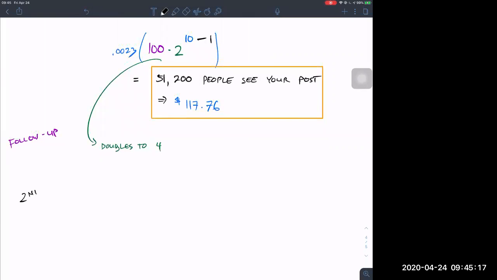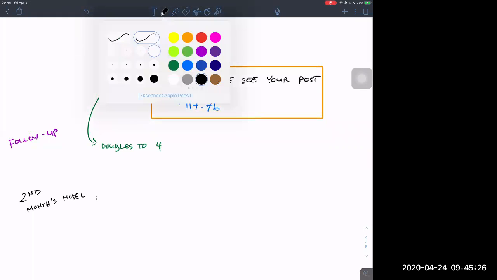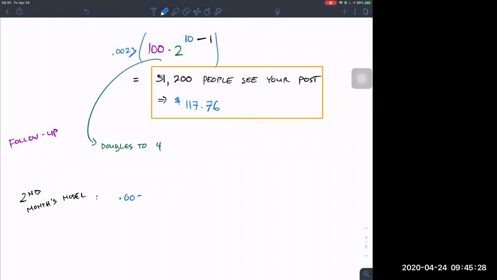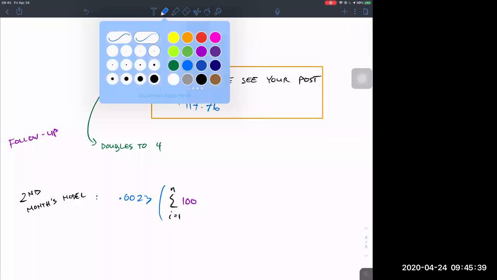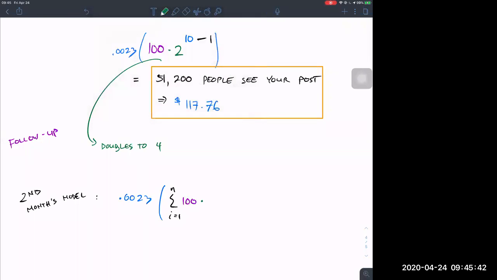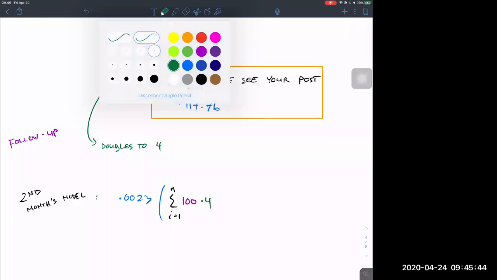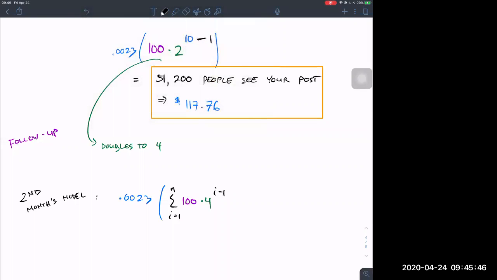So what we did on Wednesday was more of this model manipulation, where you have the same exact thing written out. It's just that you have to adjust the proper numbers appropriately so that you can show the correct growth. This is now times 4 to the i minus 1. Close your parentheses.